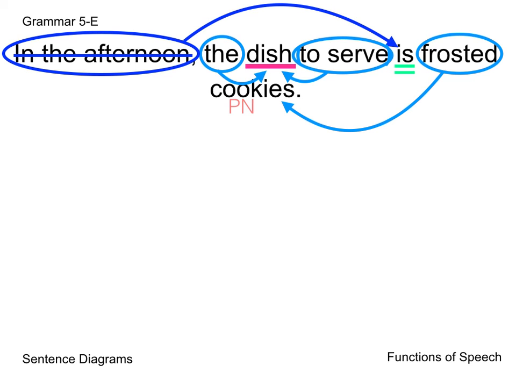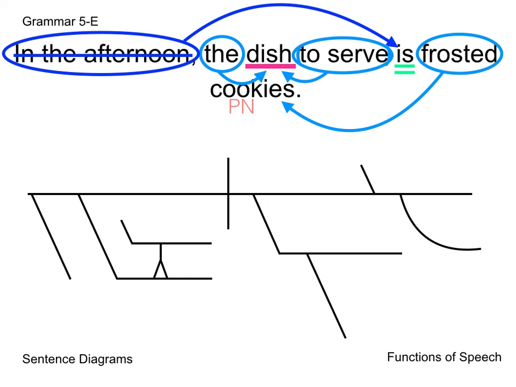Now we don't have to go through creating our sentence diagram because we've already had that provided for us. So I'm going to put it here, and now we can just fill it out. We have dish as our subject, is as our verb, and cookies as our PN. And now we can fill in our modifiers. The dish, to serve. Notice how we are putting in all of that information separately, to on the diagonal and serve on the horizontal line.